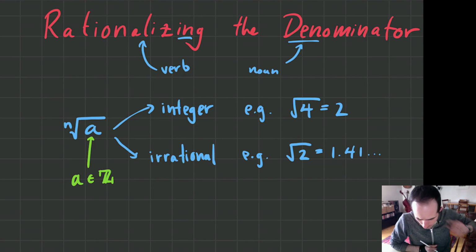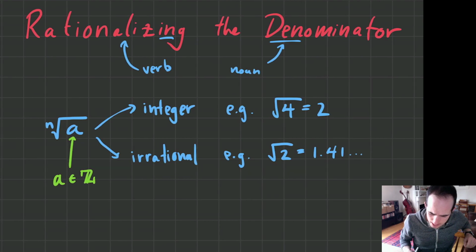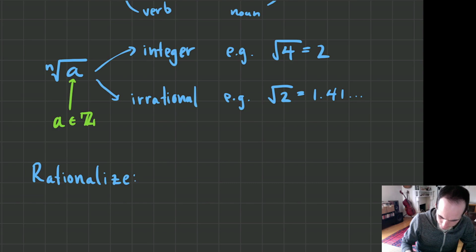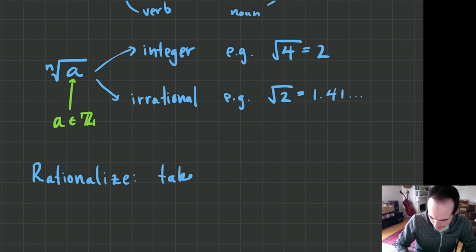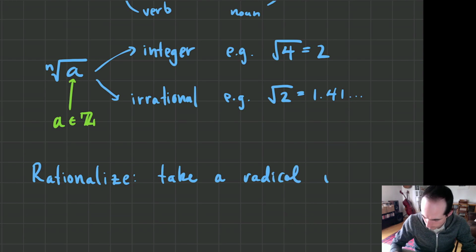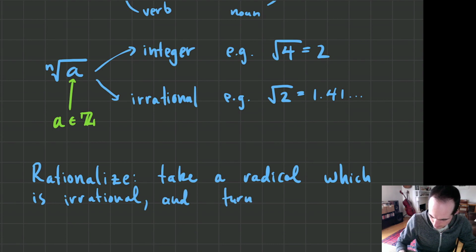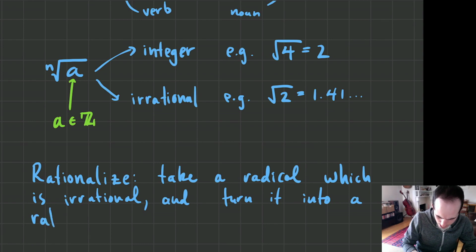So when we rationalize a denominator, what that's talking about, rationalizing, means to take a radical, which is irrational, and turn it into a rational number.